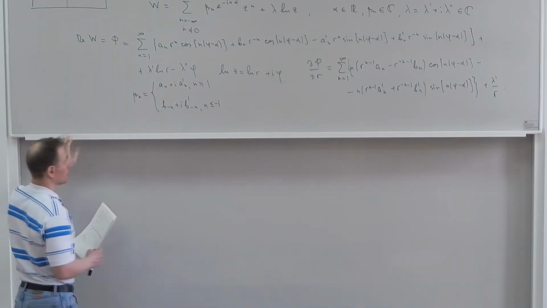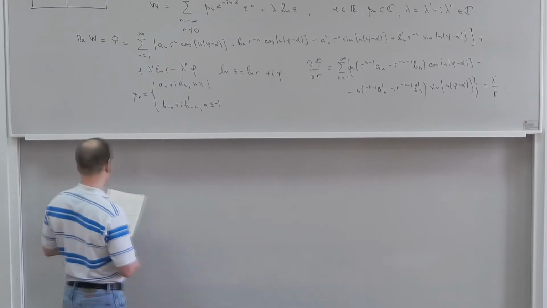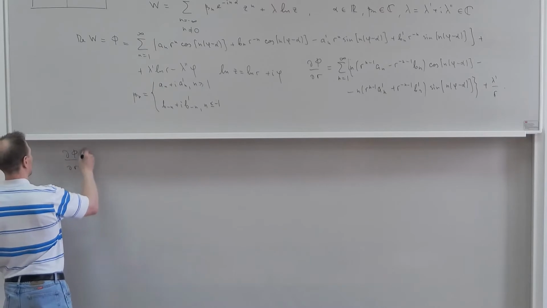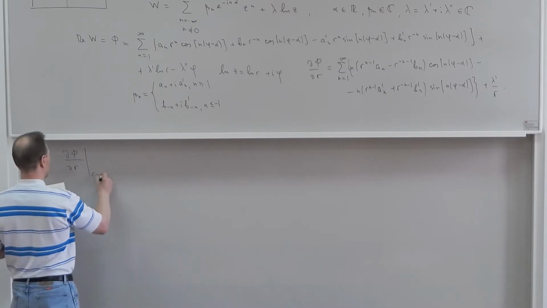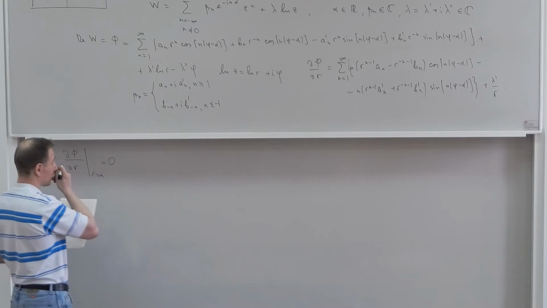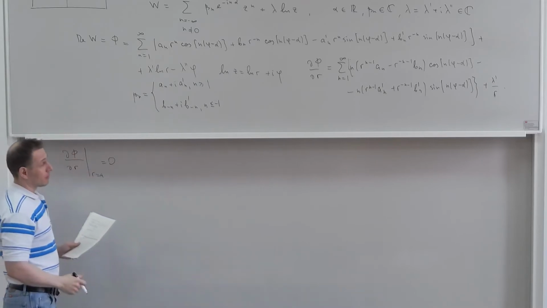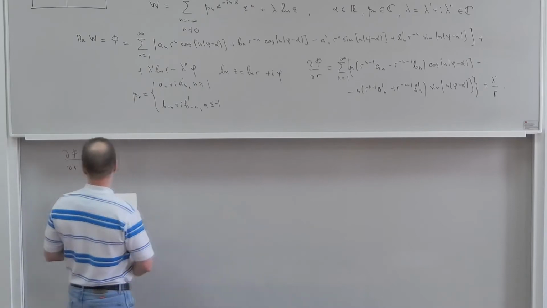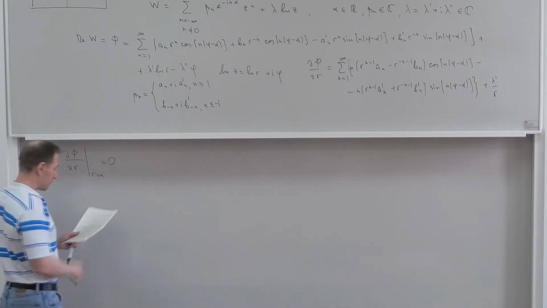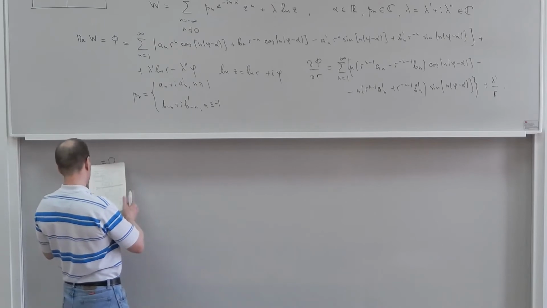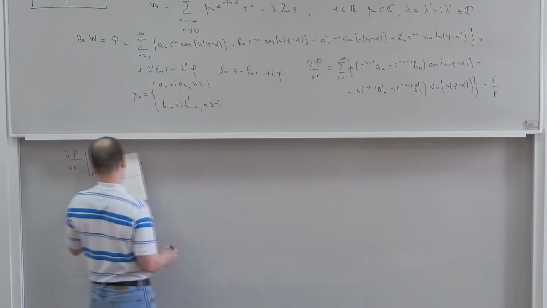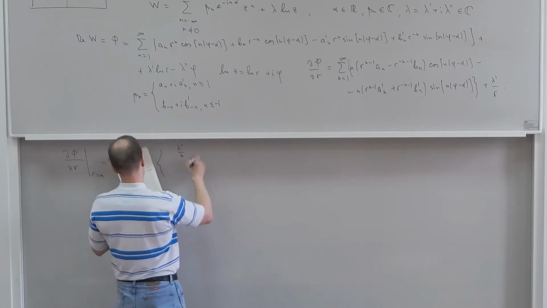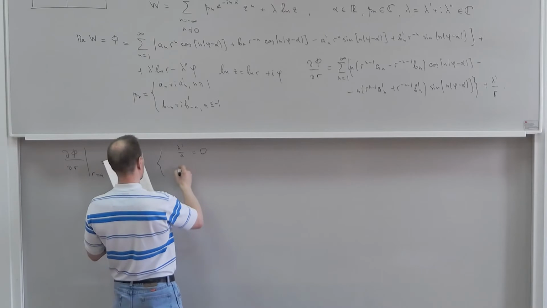we impose the boundary conditions. First, we impose boundary conditions on the circle A, on the circle with the radius A. This derivative must be 0. Then we obtain the following system of equations.